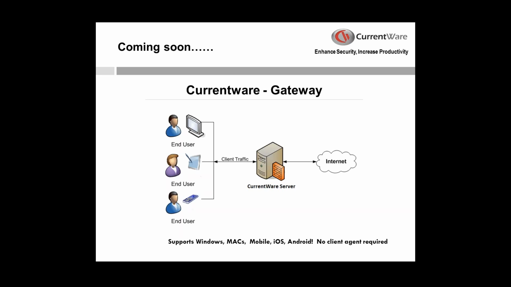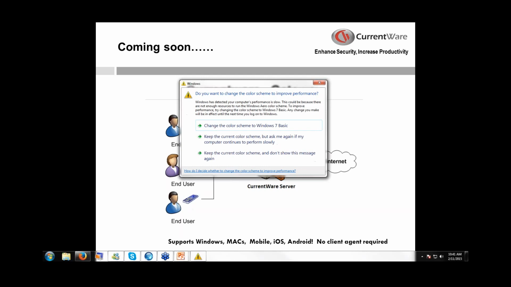For example, someone could not get around the internet control or filtering by having a mobile hotspot on their phone. But there are also benefits to having a gateway filtering system like the new CurrentWare Gateway we will release in the spring, to once again be able to have BYOD control. So that's neat, and that'll be coming soon, as I mentioned.